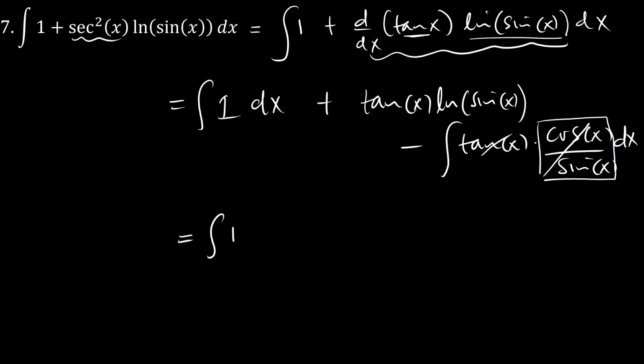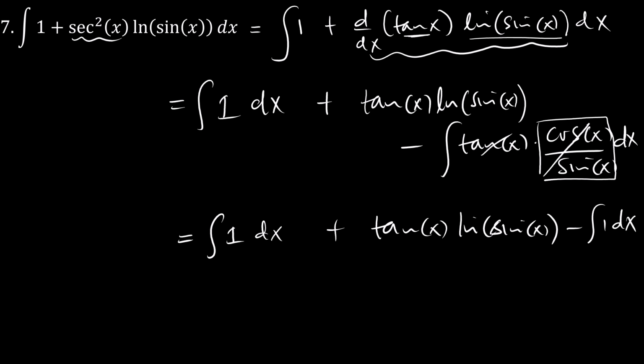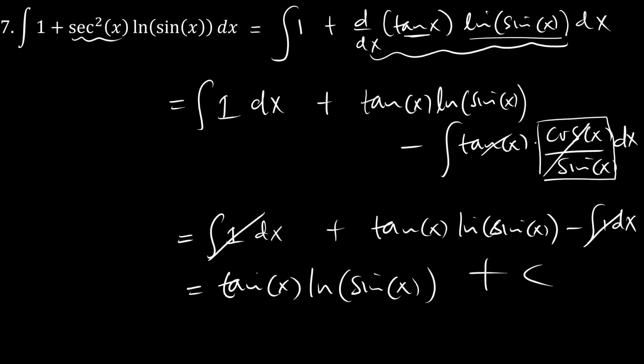So we have the integral of 1 plus tangent of x, natural logarithm of sine of x, minus the integral of 1. And this would obviously cancel. So the final answer is the tangent of x times the natural logarithm of the sine of x plus the integration constant, obviously. And that is our answer.